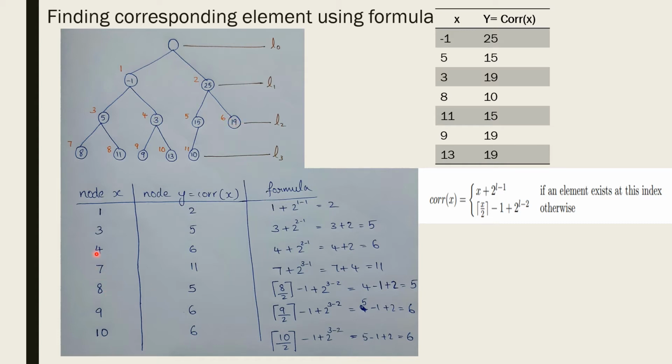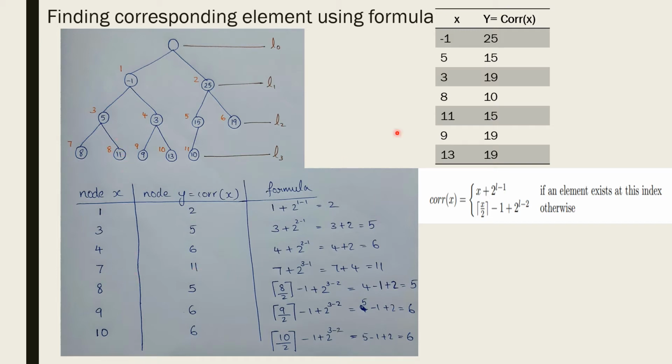So node 4's corresponding element is in node 6. Now 8's corresponding element is what? 10. I've told you. And 8 means node 7. So node 7's corresponding element is in node 11.